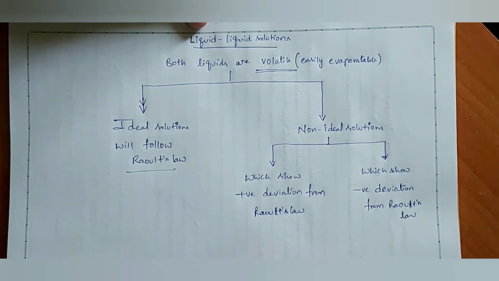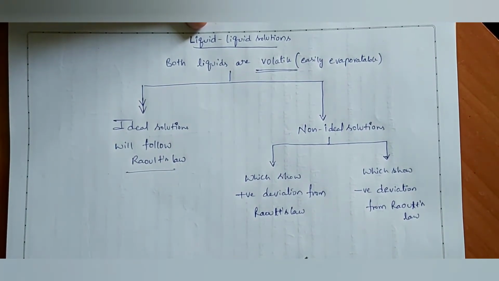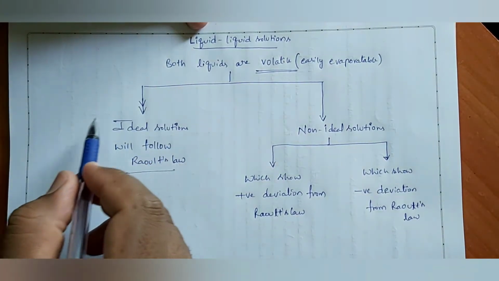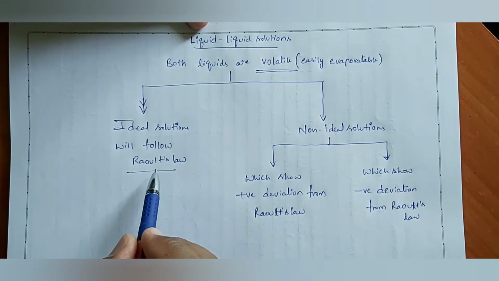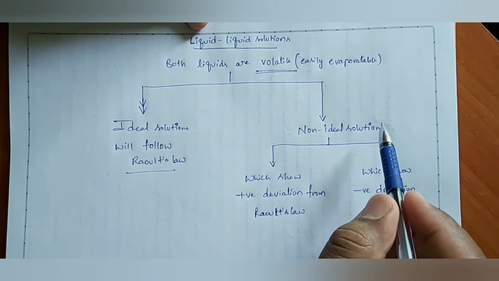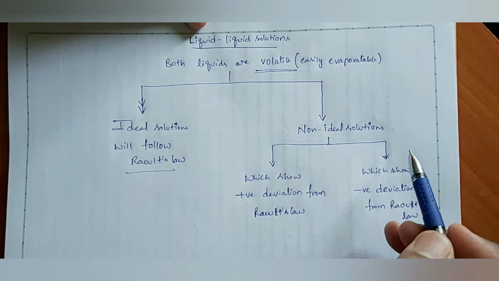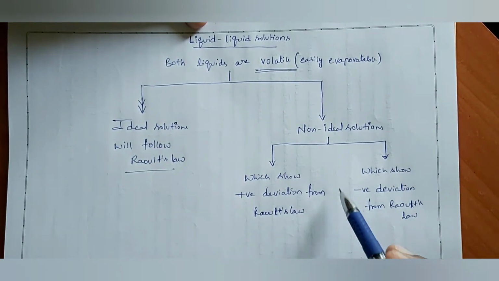Now we have to see what is meant by Raoult's law. Then why some solutions like ideal solutions are able to follow Raoult's law, and why some solutions are not able to follow it. If they don't follow Raoult's law, how are they showing positive deviation and negative deviation?